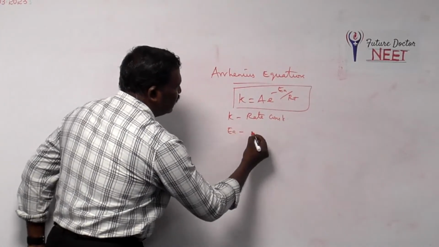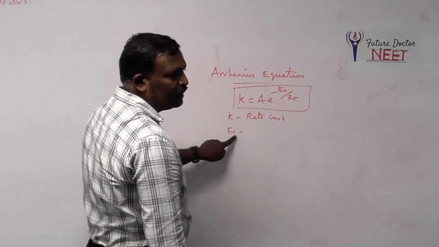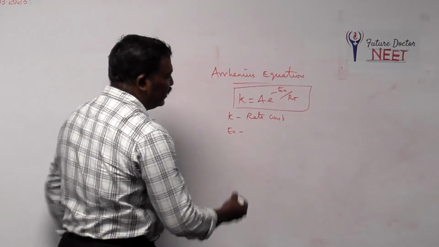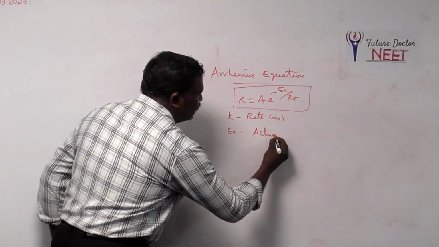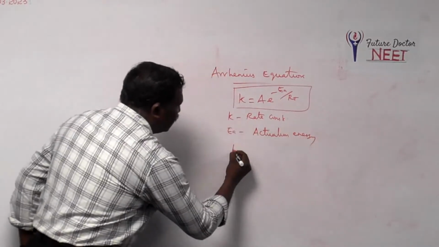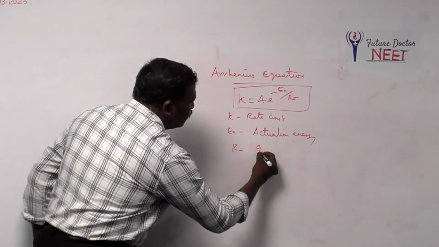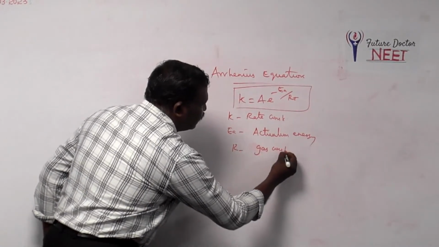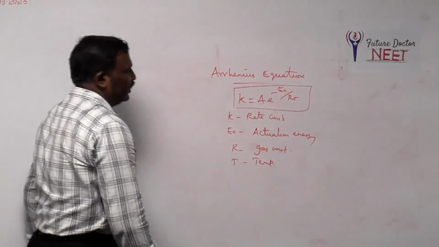Ea is the activation energy, or energy of activation. R is the gas constant. T is the temperature.